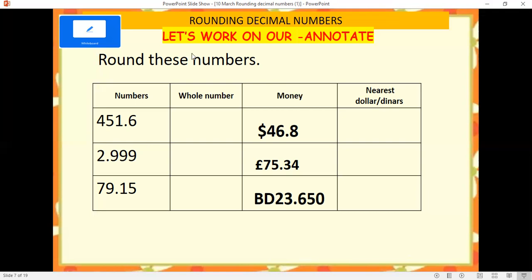Now, how are we going to round this number to the nearest whole number? 451.6. So it will be rounded. Since this is 6, it is 5 or more, so we are going to add one more, correct?